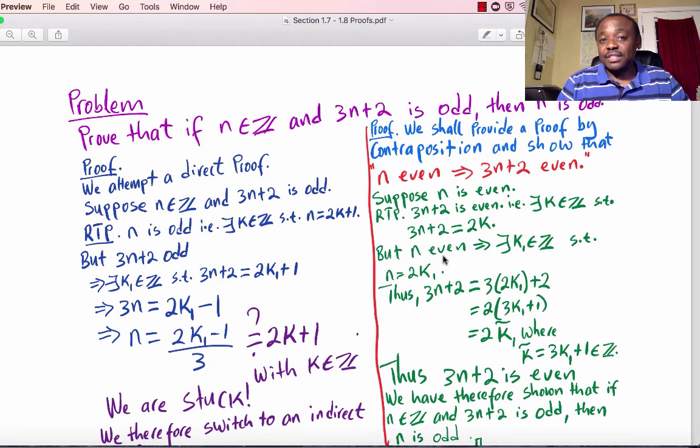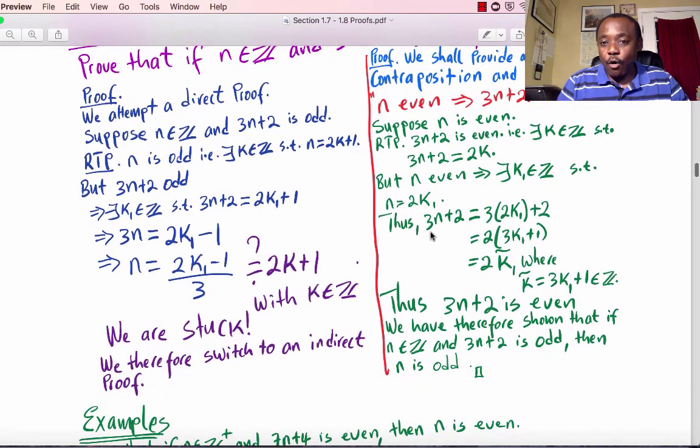But n even means there exists an integer k1 such that n equals 2k1. Therefore, 3n plus 2 would be 3 times 2k1 plus 2. I have a 2, so I can factorize out 2, and I'm left with 3k1 plus 1. I set all of this to be my k wiggle, and this k wiggle is the k I'm interested in.